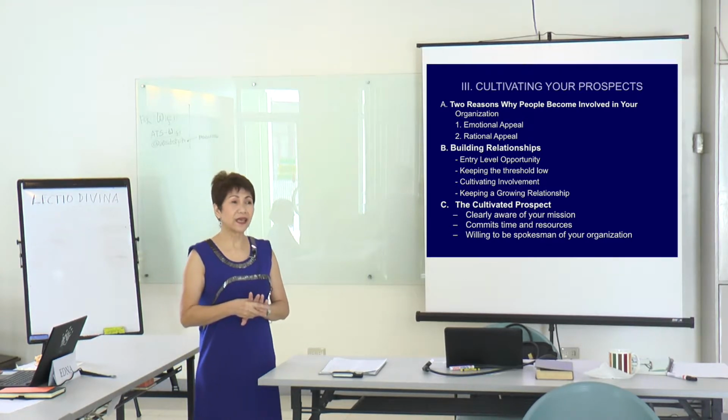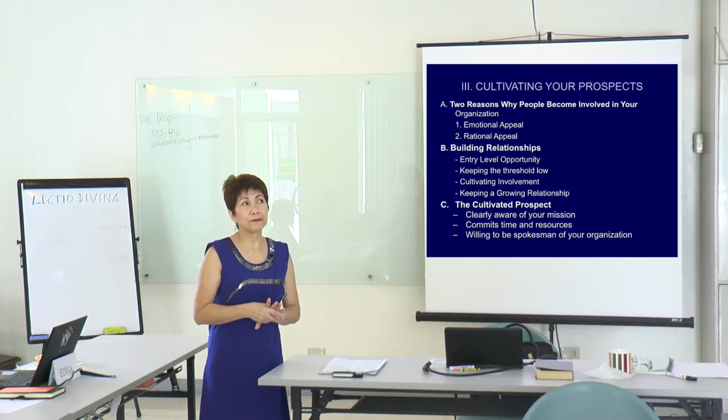So for people who have not given to your organization, you want to keep the giving level a low threshold, meaning just ask for, in the States it's $25. In the Philippines I think 100 is already very small. So if you ask people for 300 to 500, that's a low threshold.